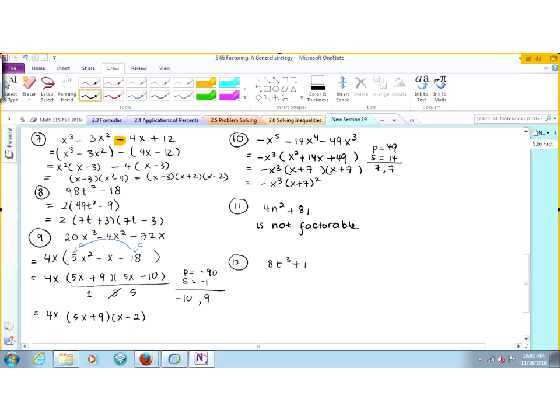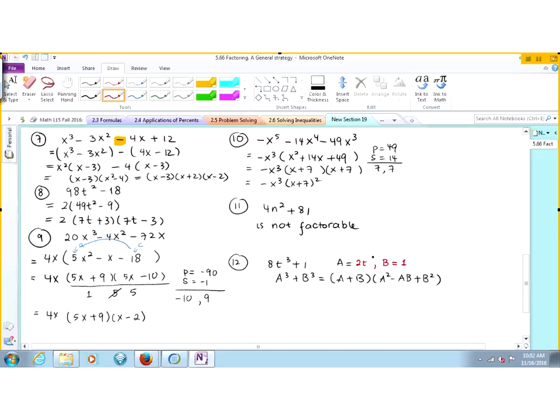Now, number 12, 8p cubed plus 1. You guys remember this? What is it? So what formula do we use? Yes, so a cubed plus b cubed is equal to a plus b times a squared minus ab plus b squared. So what is my a here? 2p.